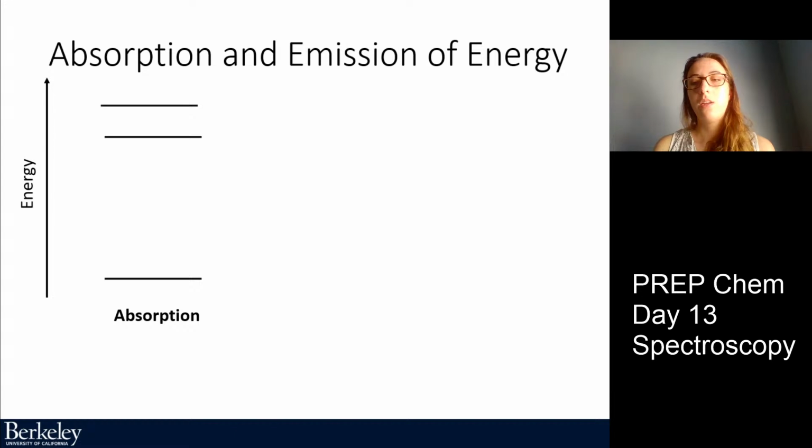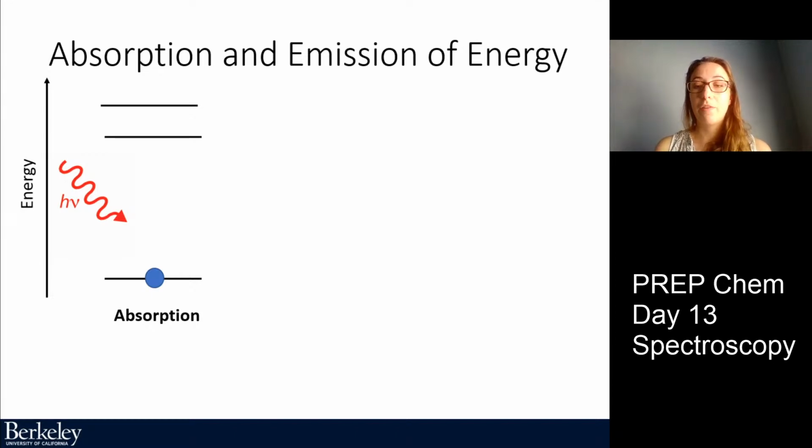Okay. So let's talk more about the difference between absorption and emission of energy. We can think about this in terms of an energy level diagram. On the left, I have an energy level diagram for absorption. Say that we have some electron that's at this low energy level. And then we have an incoming photon.